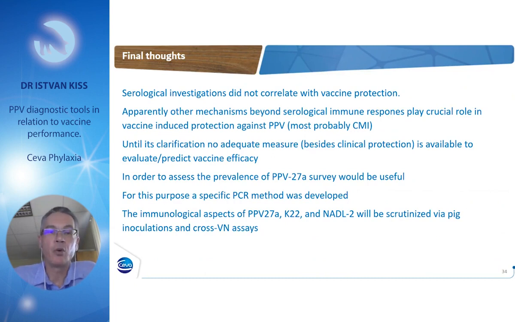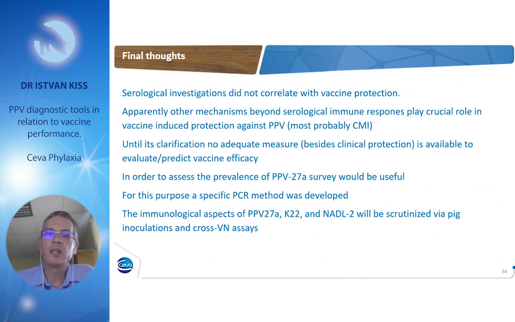And until there is an adequate measure, like a serological or cellular test that is easily accessible and can be interpreted, the best way to evaluate vaccine efficacy is the clinical protection.